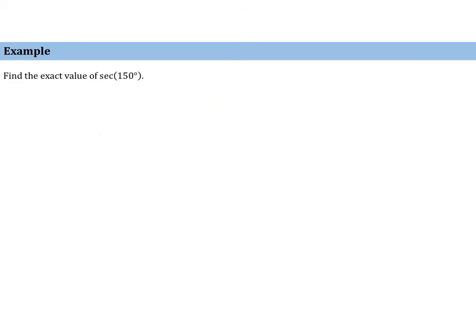Let's look at the secant of 150 degrees. Here again, we are measuring counterclockwise, but we don't make it to 180 degrees. We are 30 degrees shy. So the reference angle is 30 degrees, and this is in quadrant 2.